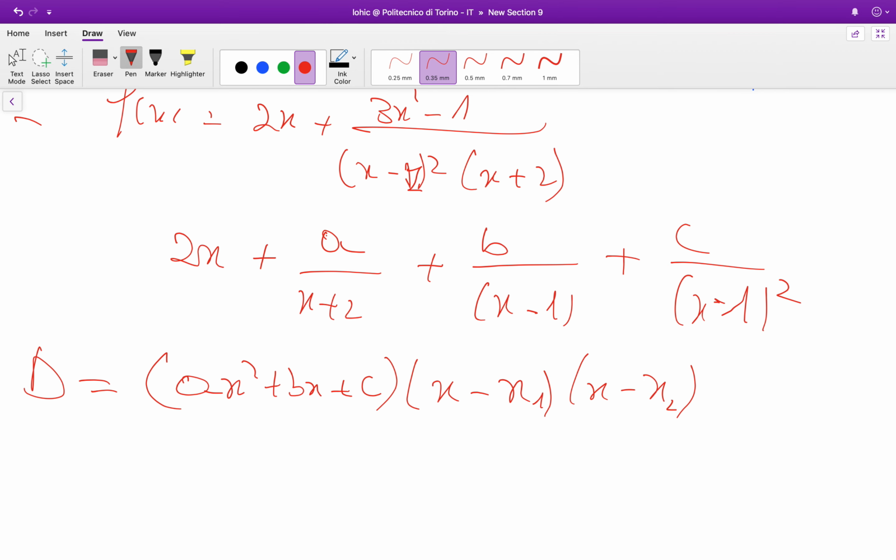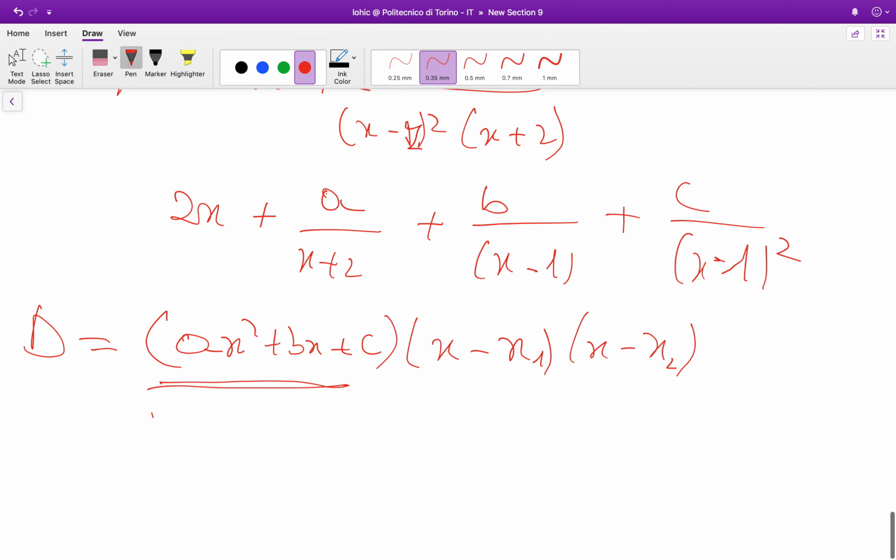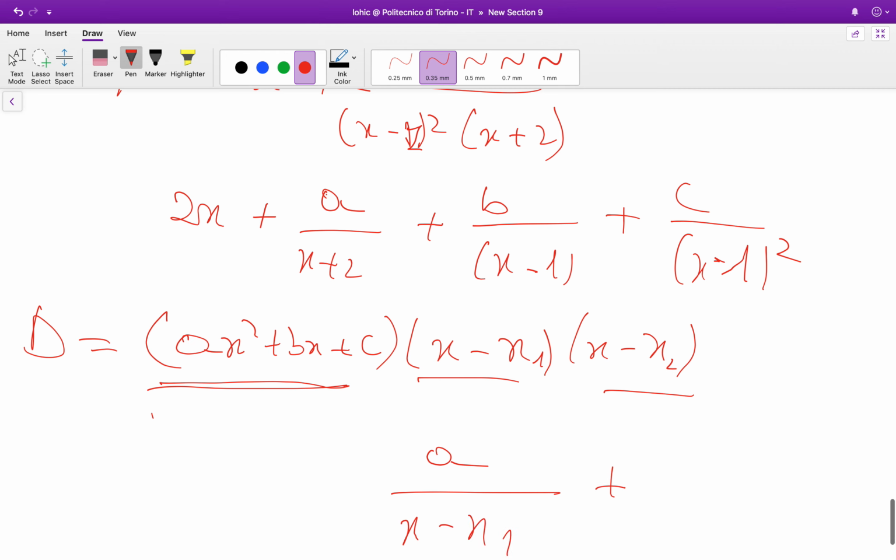You know that it is a polynomial of second order that you cannot factorize more. What will you do in this case? The identification for the other two factors is simple, yes or not? It will be just a divided by (x - x1) plus b divided by (x - x2).